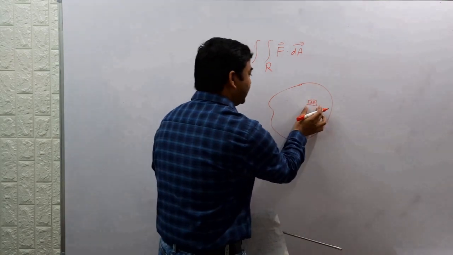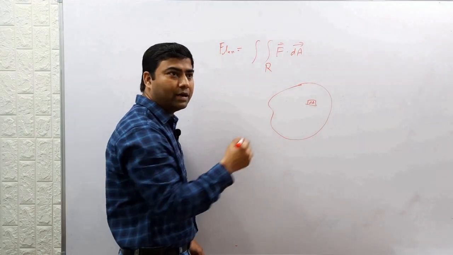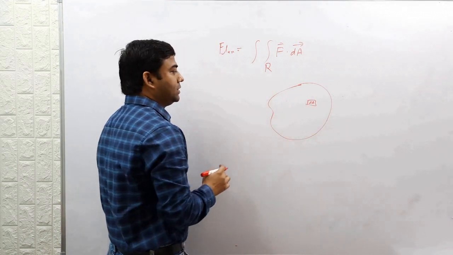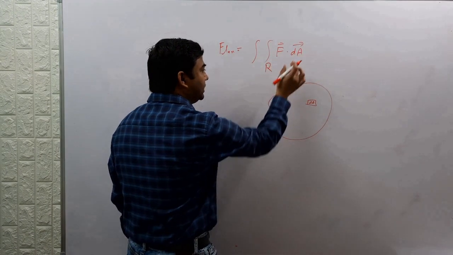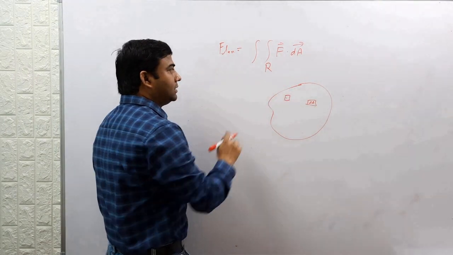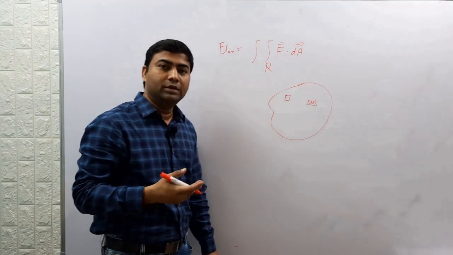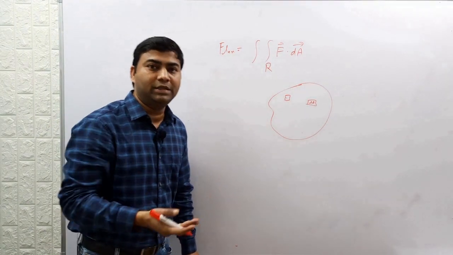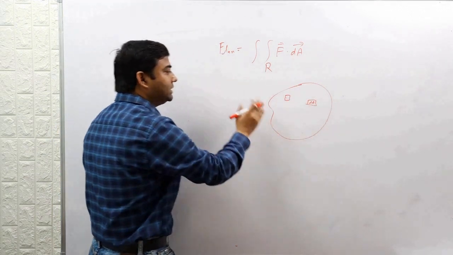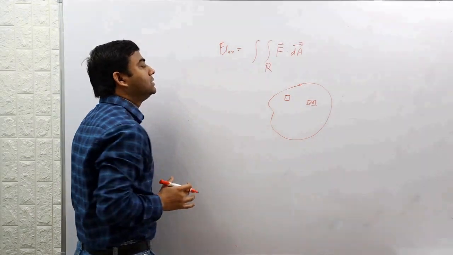So dA will be a vector having magnitude equal to the area dA and direction equal to the normal to this surface. So you have to find F dot dA throughout the region. By the property of integration, we know integration just adds, it is a summation. So for finding these small dot products throughout the area, we can use double integration.